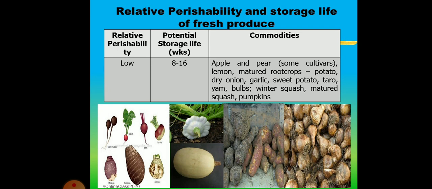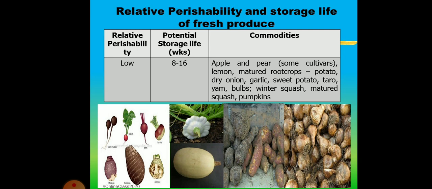Okay, how about for the low perishables? It can withstand 8 to 16 weeks. Okay, kaya nang abutin ng 8 to 16 weeks given that condition. So this includes apple, pears, lemon, matured root crops, potatoes, dried onions. Most of them are stone fruits, matured root crops, bulbs and onions, and other commodities like squash and pumpkin.